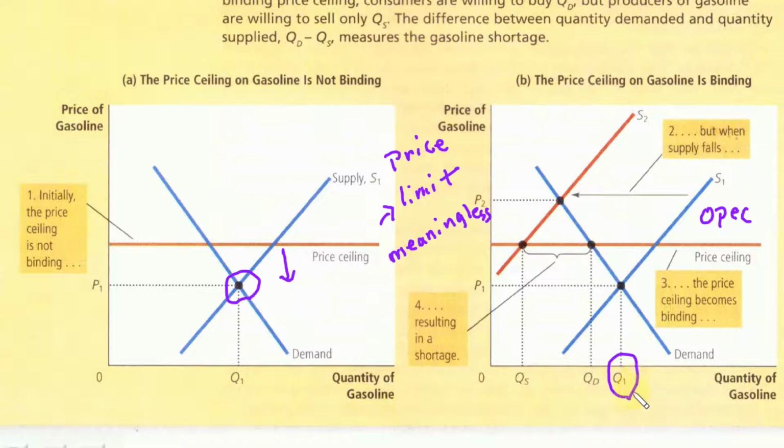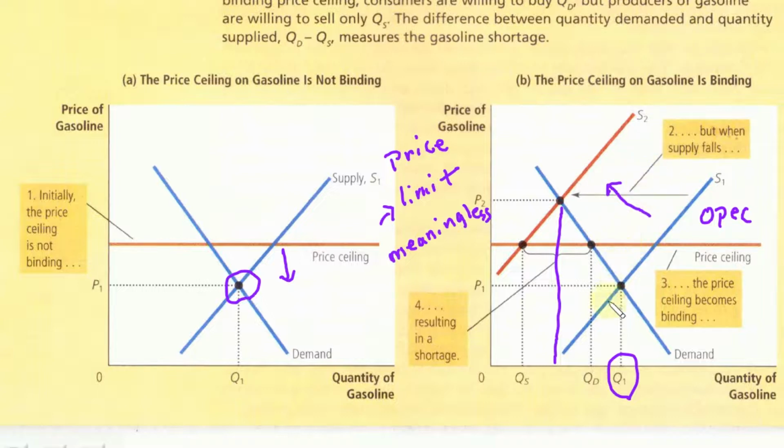Then, as you can see here, this is OPEC's supply line. OPEC wants to reduce the quantity from here to here. As the quantity moves, the line will move up to here, right?